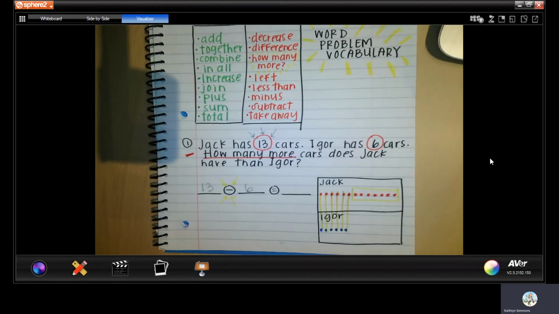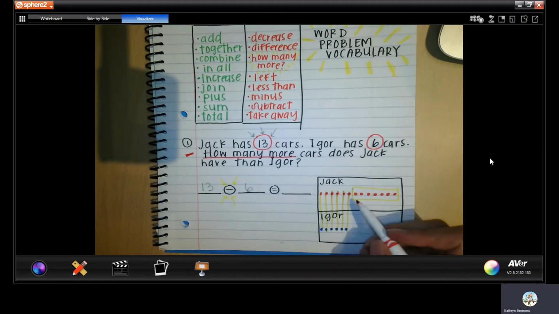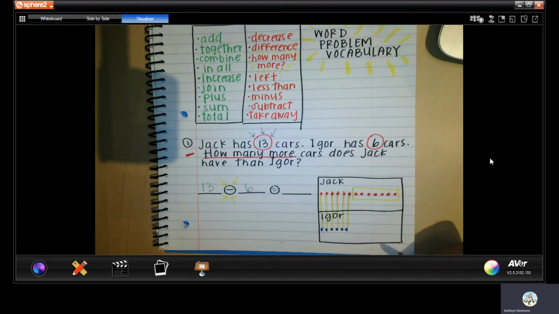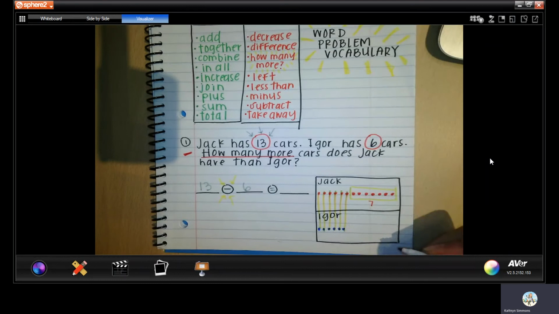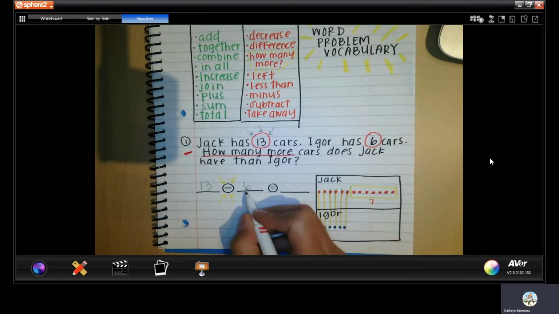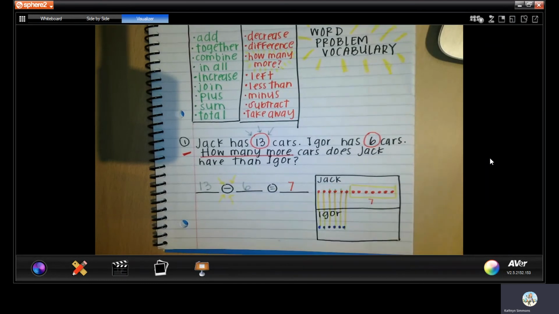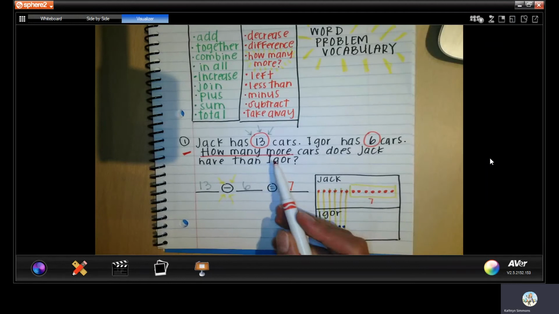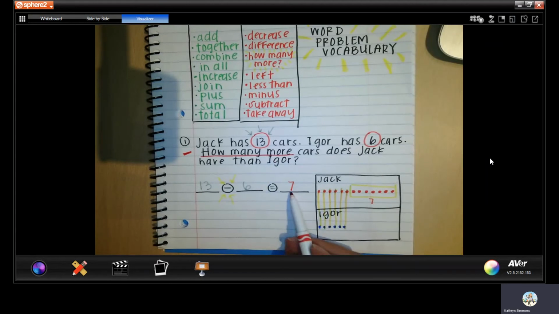How many more cars does Jack have? If I count out my dots, 1, 2, 3, 4, 5, 6, 7. I can see that Jack has 7 more cars than Igor. So 13 minus 6 is 7. Jack has 7 more cars than Igor. All right, you did it. You solved a word problem.